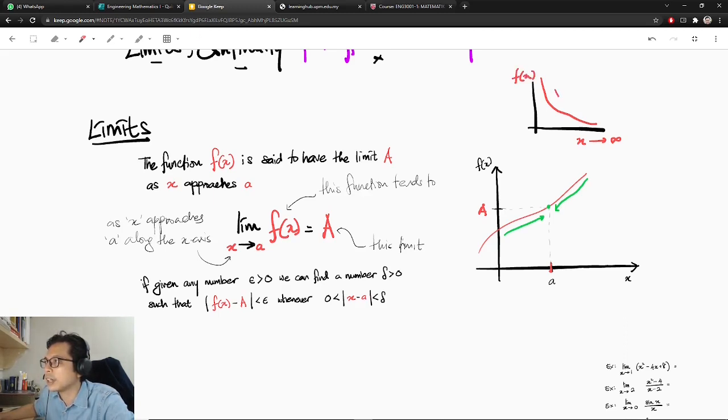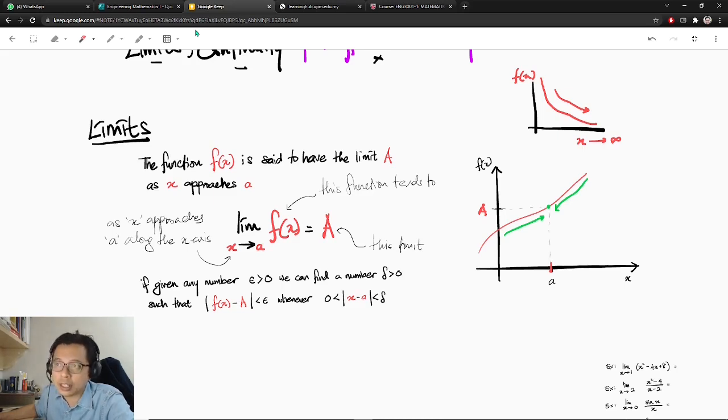As you can see, if you go along that function, as x tends to infinity, f of x tends to 0. It's just going to go closer and closer. So this is what it means by limits.